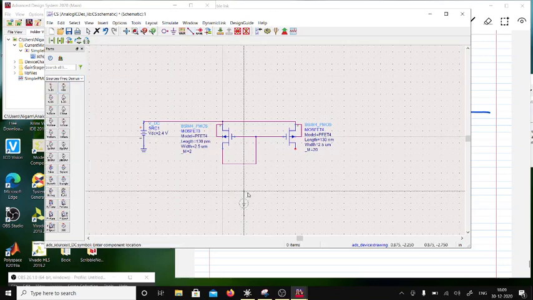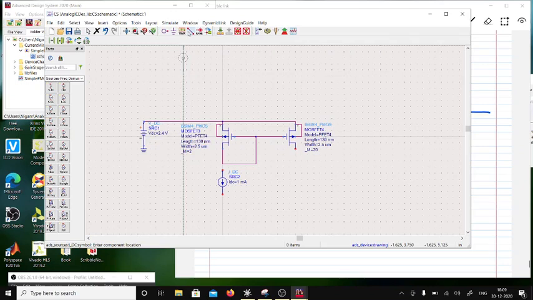I'm going to keep this current reference to be 100 microamperes, and I'll tell you what happens. There are lots of trade-offs involved here. 100 microamperes, so I'm expecting 1 milliamp on this side, and then I need an NMOS.